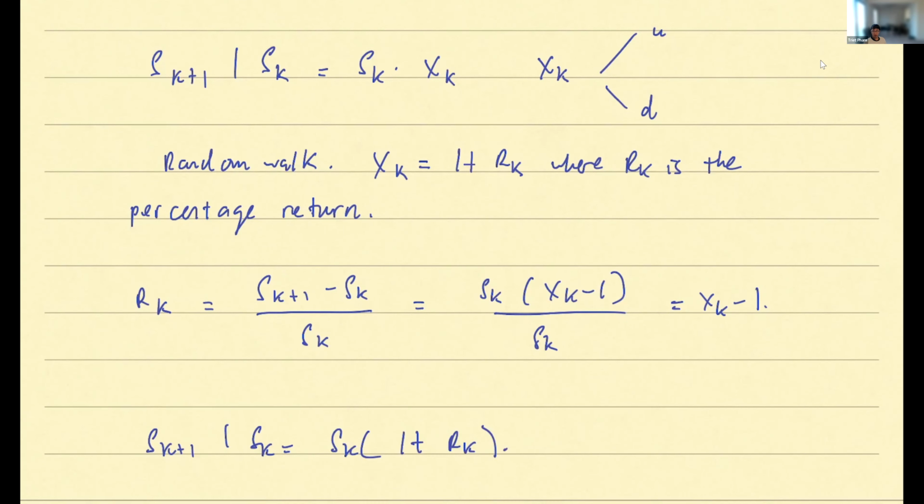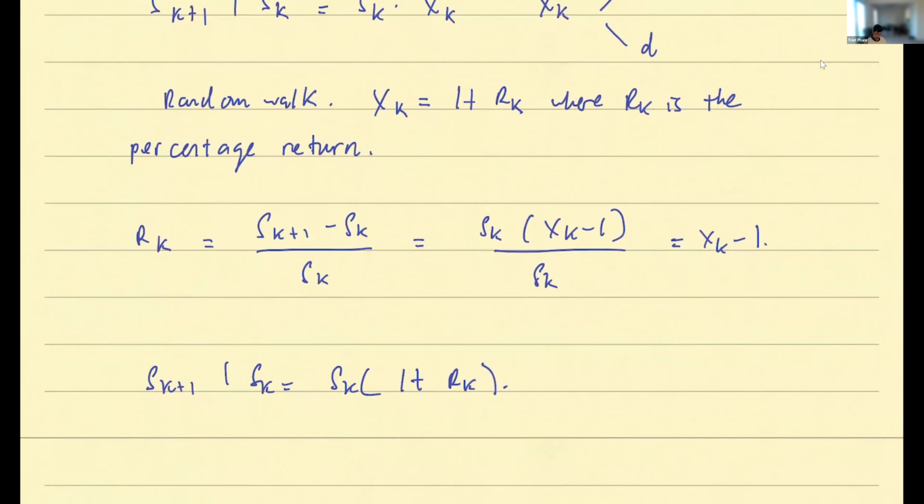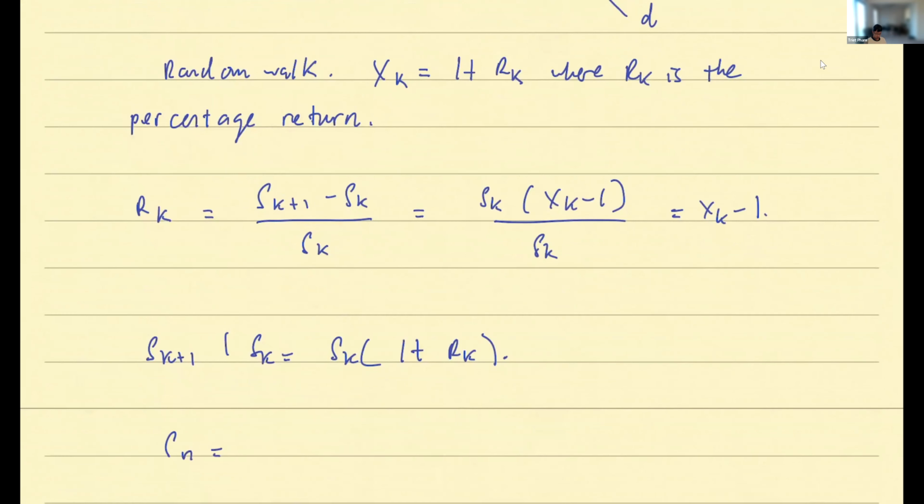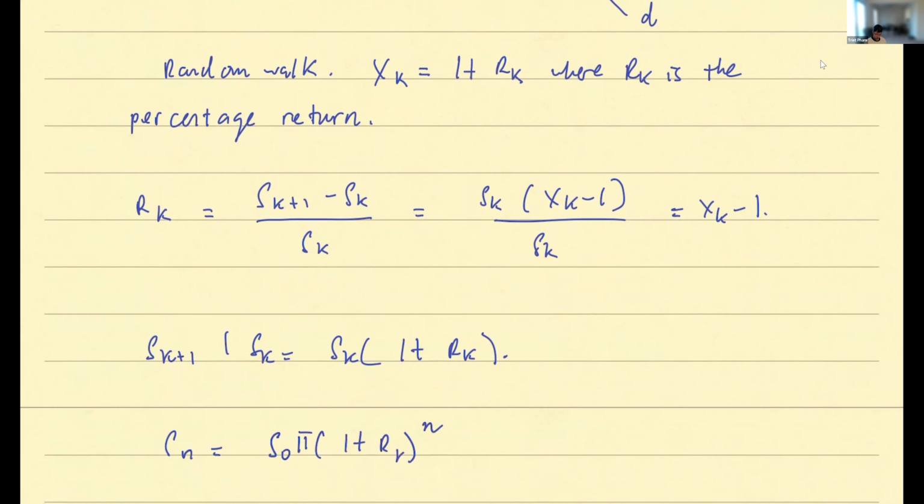And then it makes perfect sense for you to say something like this: Sn is S0 times the product of 1 plus Rk, raised to n, with k running from 0 to n minus 1.